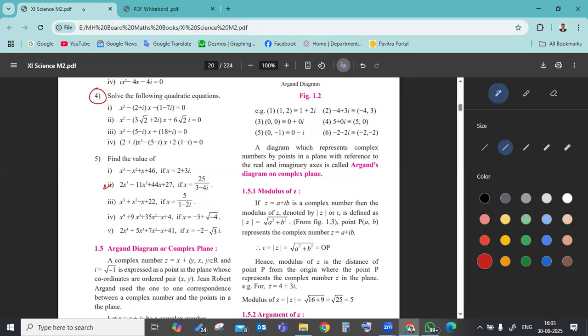It is a cubic equation. So this one we solve.